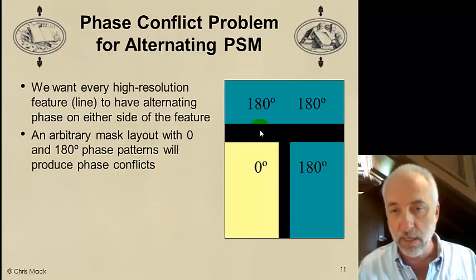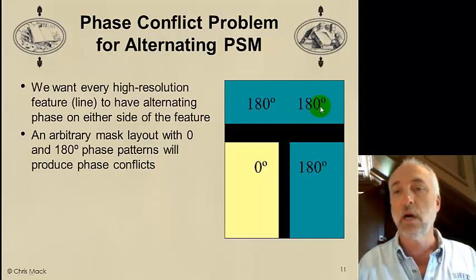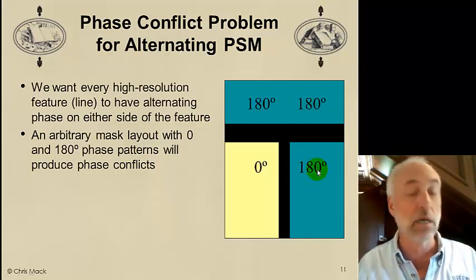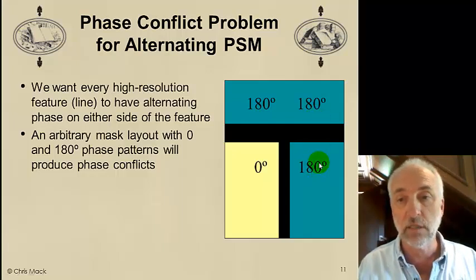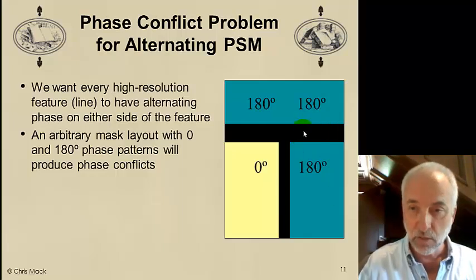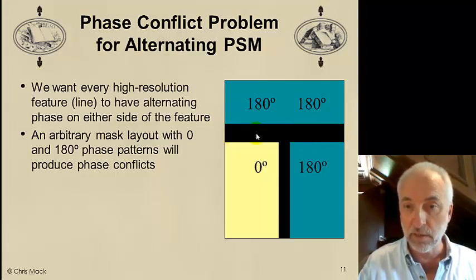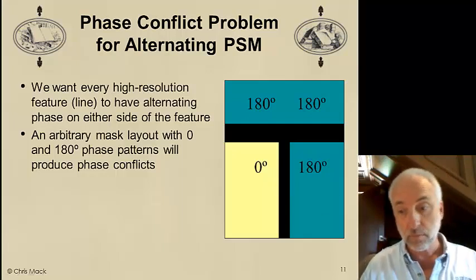On this line, I get 0 and 180 on either side, so I get good resolution on this line. But look at this line on the right top. I see 180 on one side and 180 on the other side. This is a phase conflict, and the phase conflict means that this feature will not print well compared to the others. Well, this is a real problem.